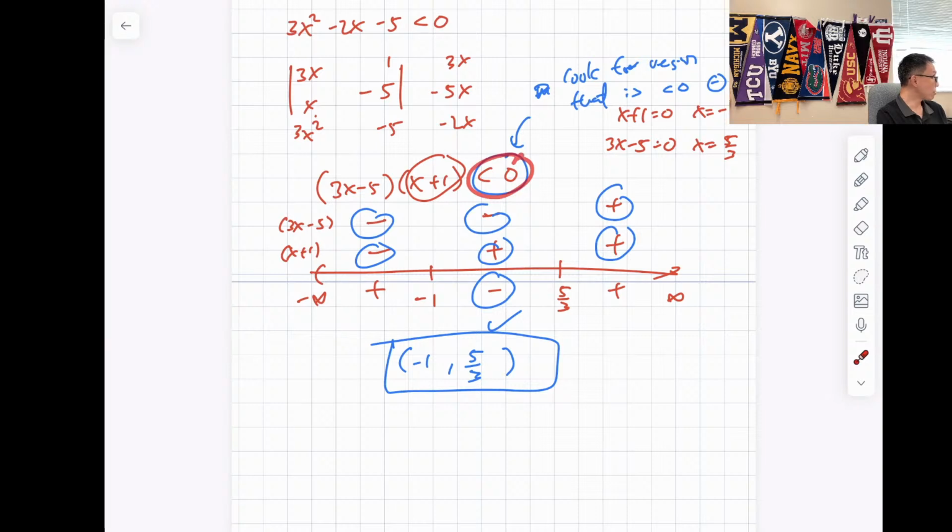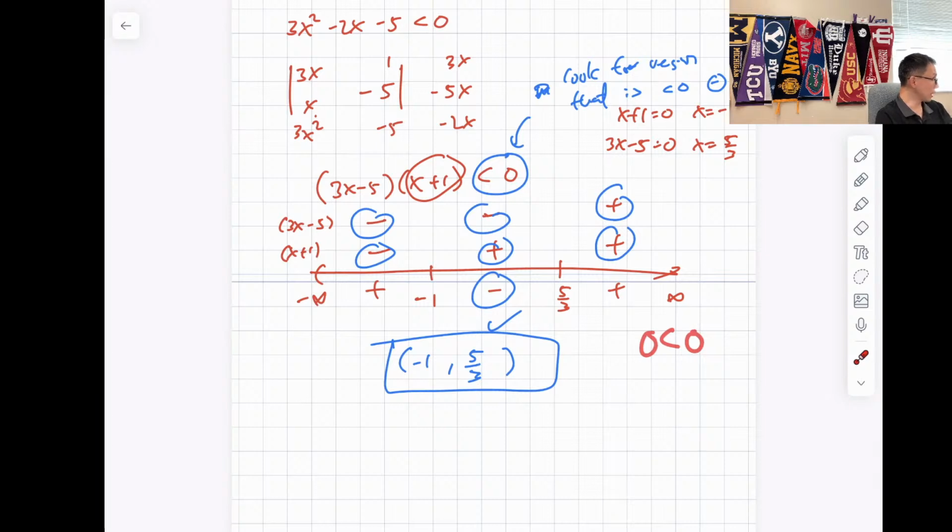Yes, Val. Oh, okay, that's a great question. If it's less than, let's just say I plug in -1. If I plug in -1 here, -1 plus 1 is 0, so 0 times anything is 0. Is 0 less than 0? That should be false.